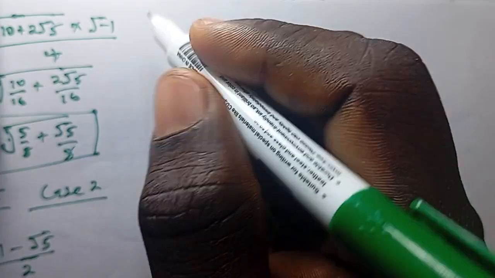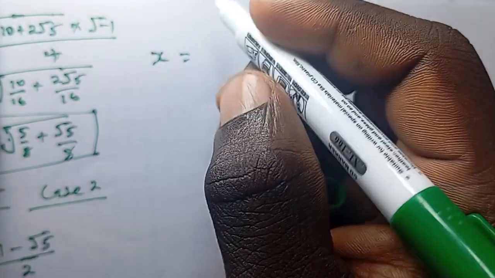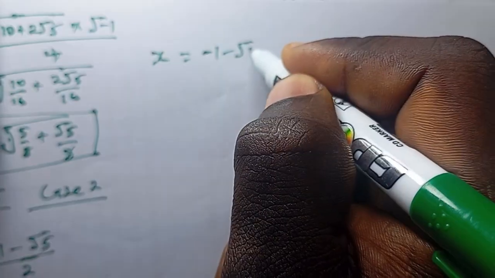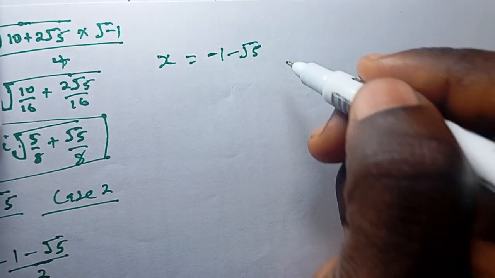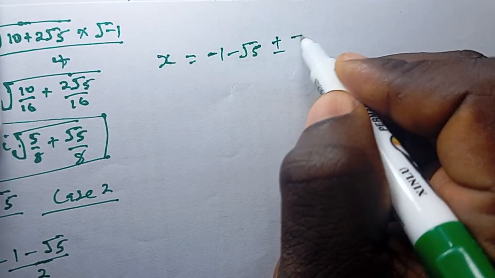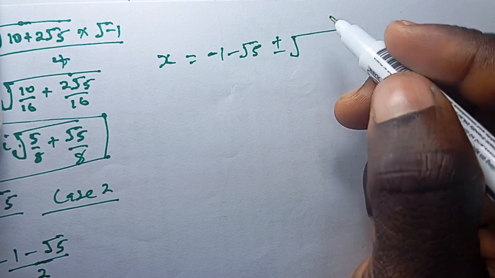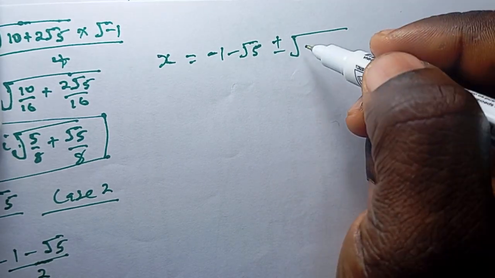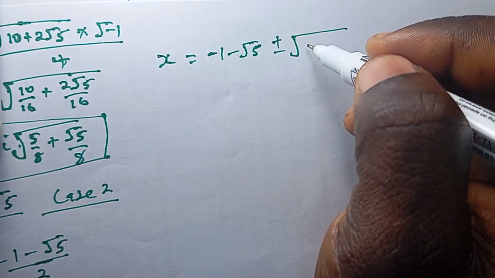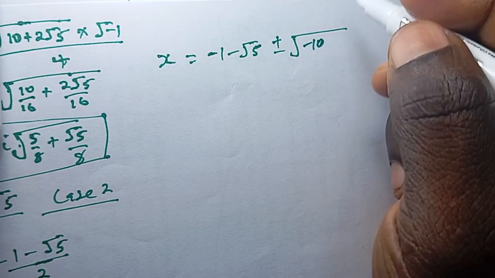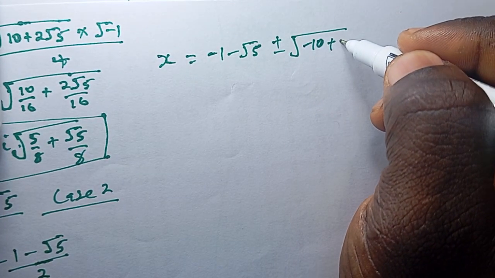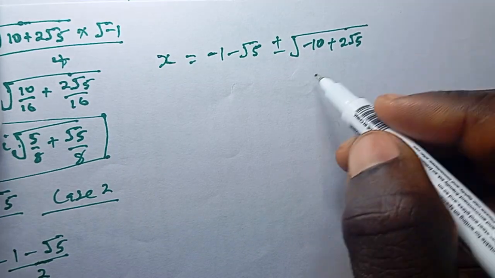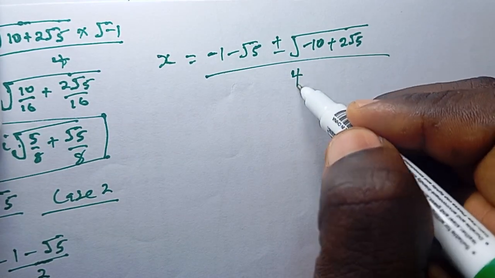And then continuing from here, x will be equal to -1 minus root 5 plus or minus square root of, if I sum all of those things, then I'm going to be having -10 plus 2 root 5, and then divided by 4.